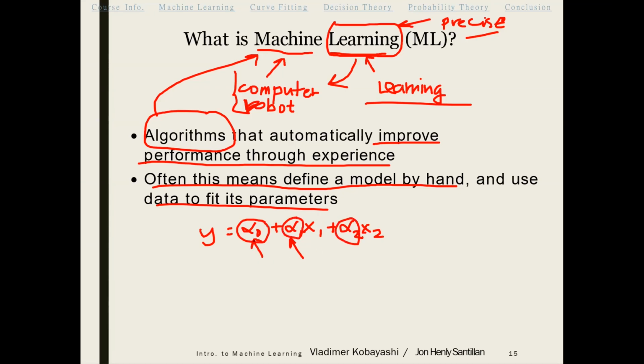In machine learning, meron tayong term na ginagamit. Kung sa stat, we say we estimate. Sa machine learning, we say we learn. So instead of saying estimate this parameter, we would say learn these parameters.